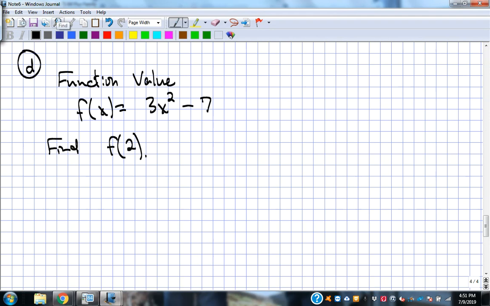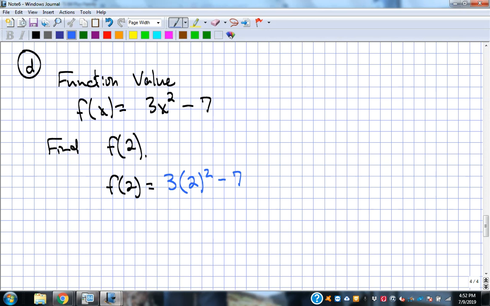Find f of 2. What did that mean we did with the 2? We put it where? In the place of x. Everywhere there's an x in the problem, we put that 2 in there. Okay? And it was easy because there was only one piece to look at. It was the 3x squared minus 7.